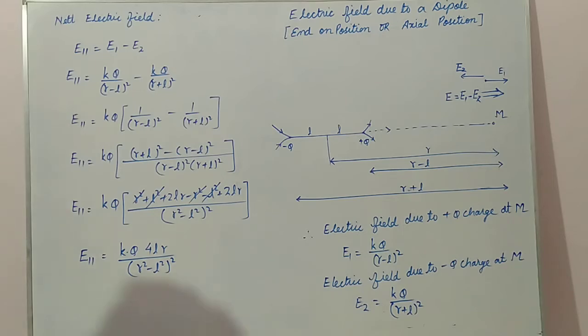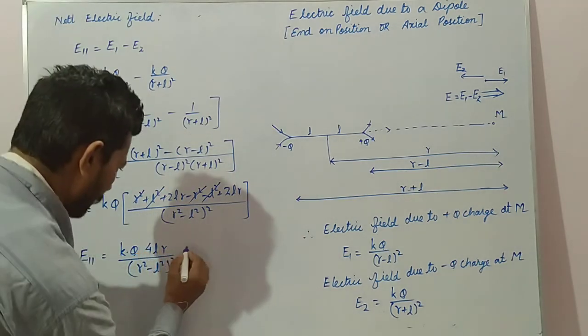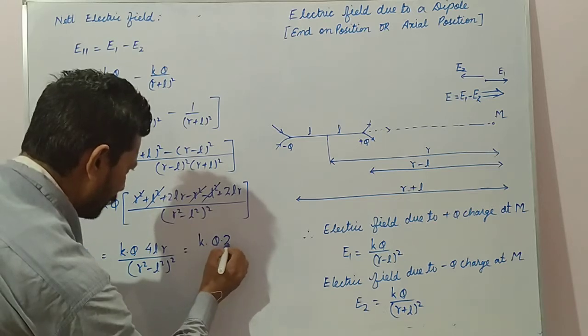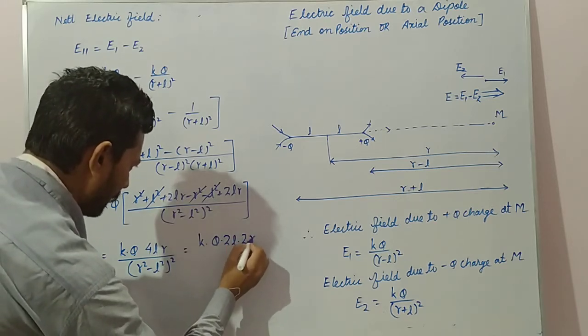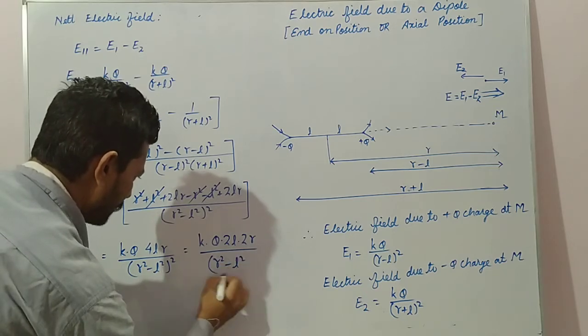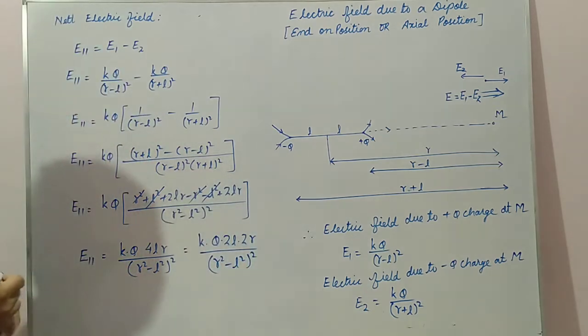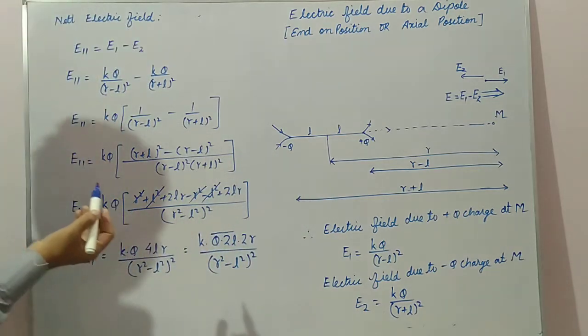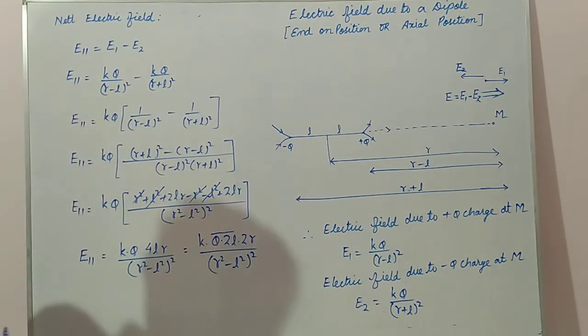Now, we can write this as kq into 2l into 2r by (r square minus l square) the whole square. This part, q into 2l, can be written as the dipole moment p.